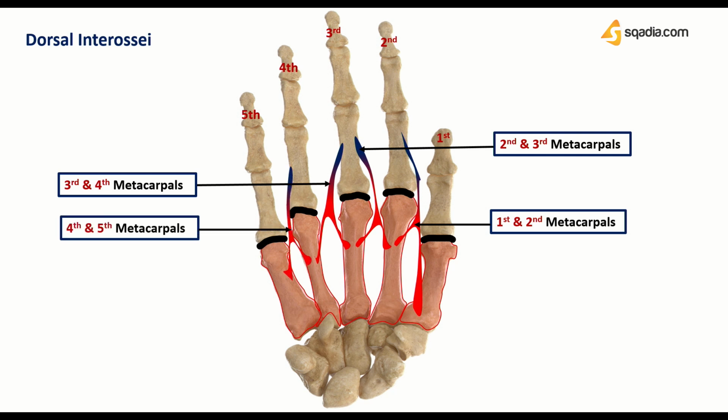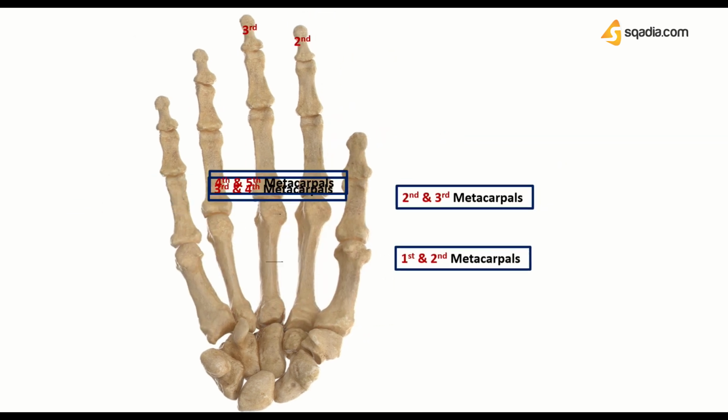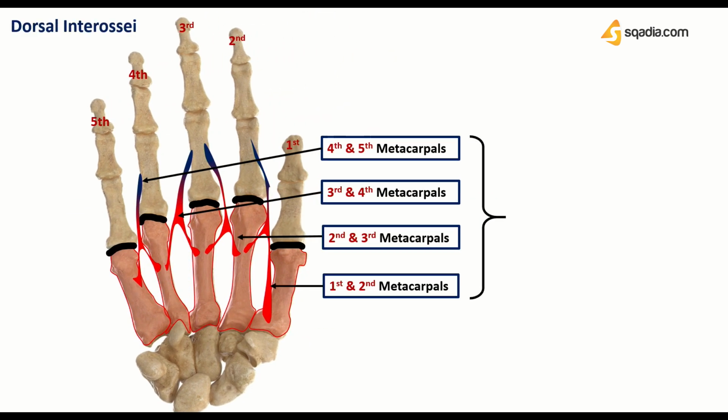Then we have the 4th set, which arises from the 4th and 5th metacarpal and inserts on the proximal phalanx of the 4th digit. The dorsal interossei can cause flexion at the MCP joint and extension and abduction at the proximal and distal interphalangeal joints.